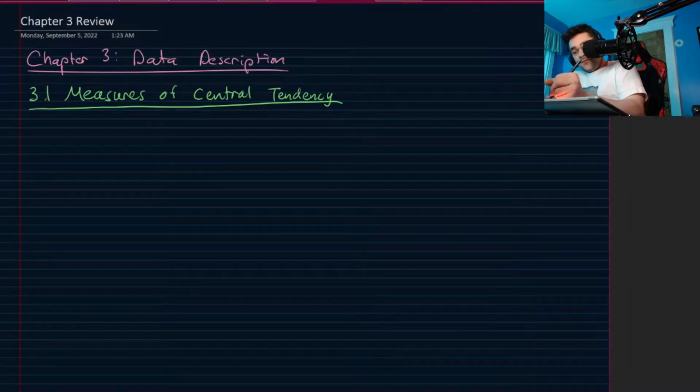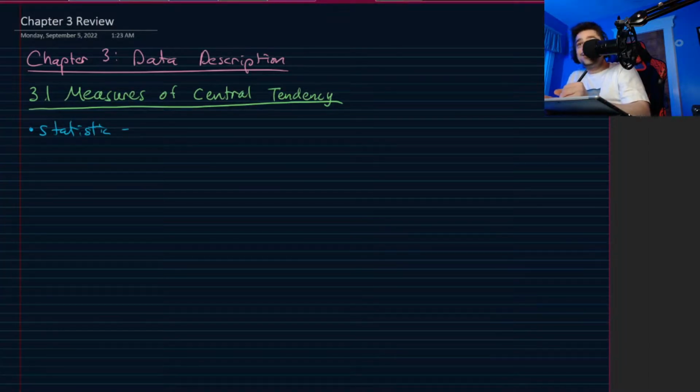So, real quickly, sometimes you'll see the word statistics, sometimes you'll see the word parameter. And this is an important distinction for many topics in the class. The difference between a sample and a population.